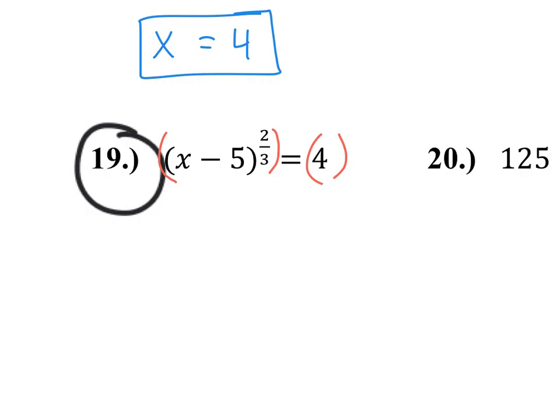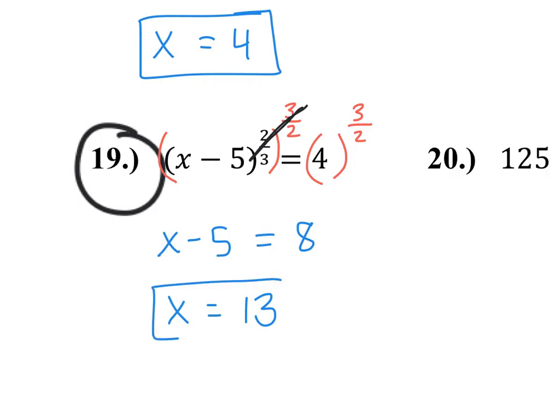The reciprocal of 2/3 is 3/2. When we do that, 2/3 and 3/2 cancel out, and it leaves us just with x minus 5 on the left, and 4 to the 3/2 is 8. And then the last step is to add 5 to both sides, so x equals 13.